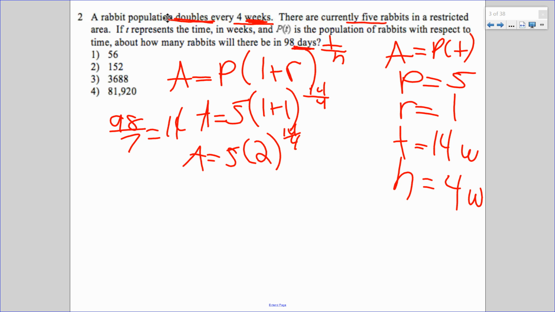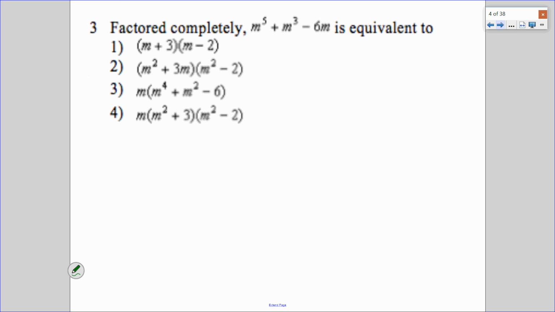I'm just going to do it myself. 5 times 2 to the power of 14 over 4 is 56 point something, which is true. If you are not prepared for exponential modeling, well, it's going to be a rough exam for you. Make sure you study over your formulas, make sure you practice them, and you're good from there.